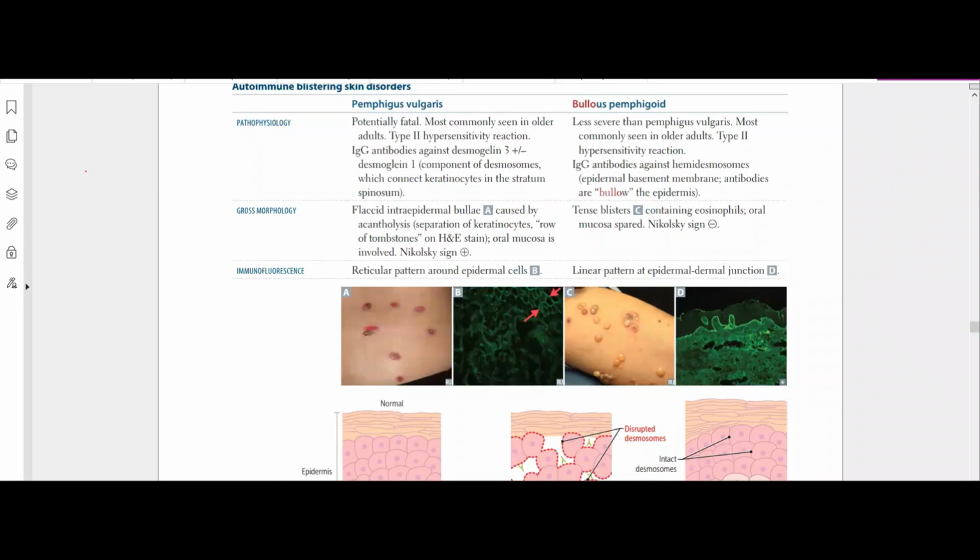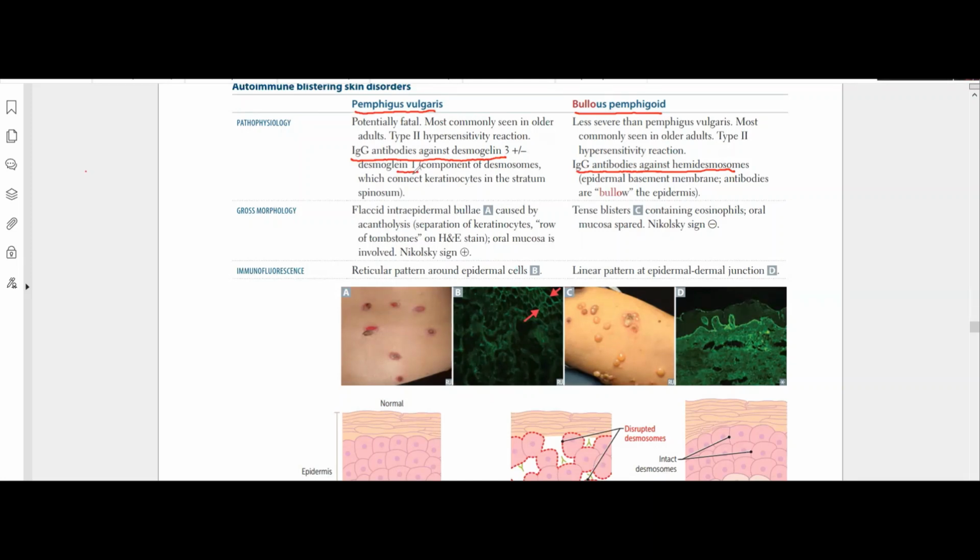Now I'm going to discuss the super high yield stuff, that is bullous pemphigoid and Pemphigus vulgaris. In bullous pemphigoid, it is IgG antibodies against the hemidesmosome, while in Pemphigus vulgaris, it is IgG antibodies against desmoglein 3 and 1, which are components of the desmosome.